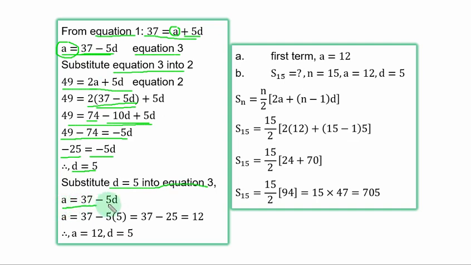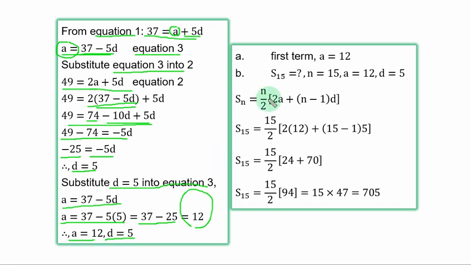This is equation 3. You replace d with 5. After that, you have 37 minus 25. That is equal to 12. Therefore, the first term a is equal to 12. The common difference d is equal to 5.